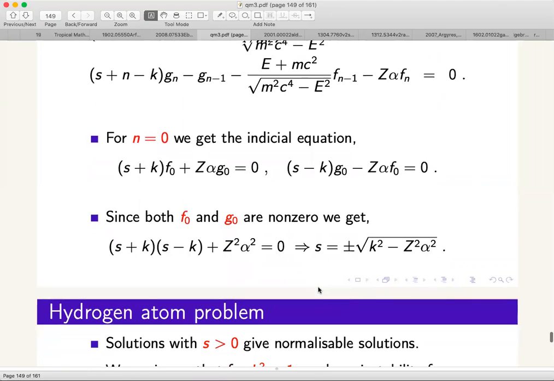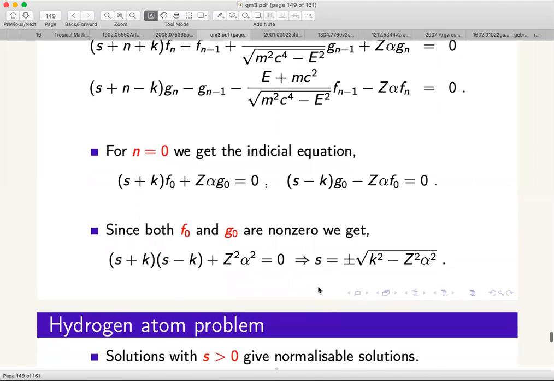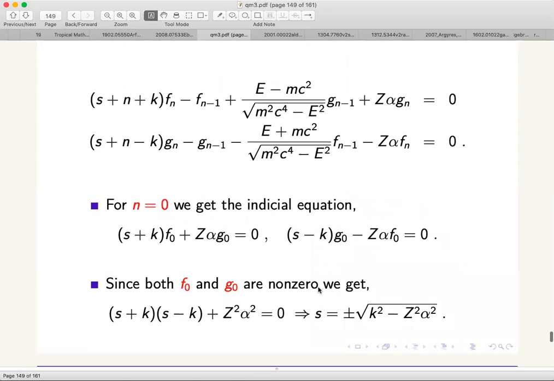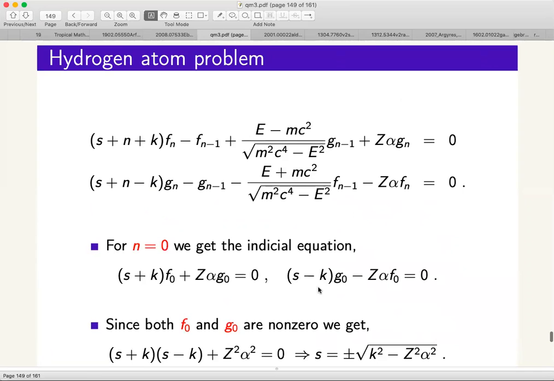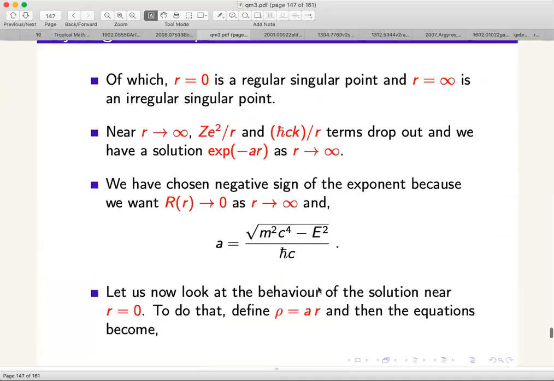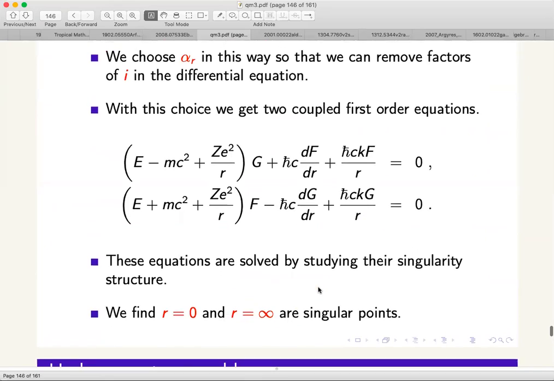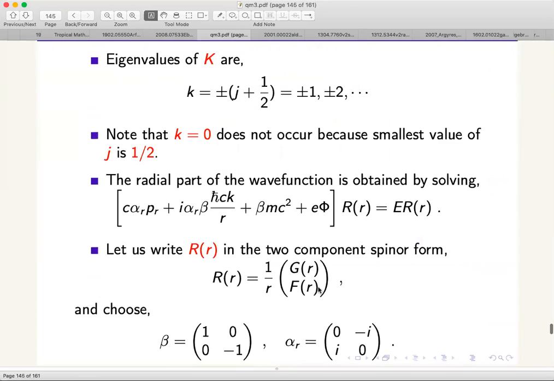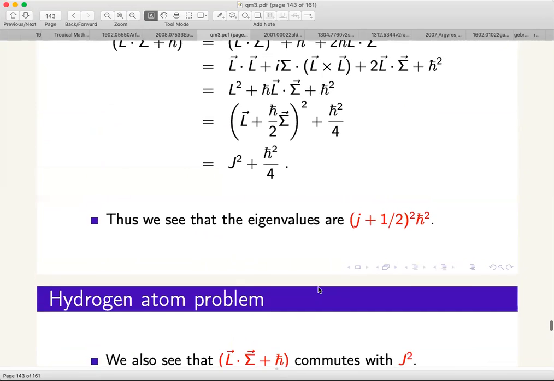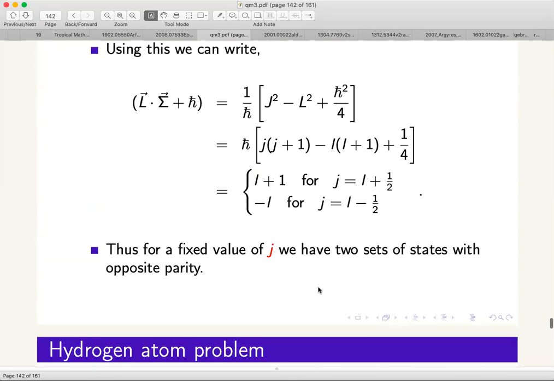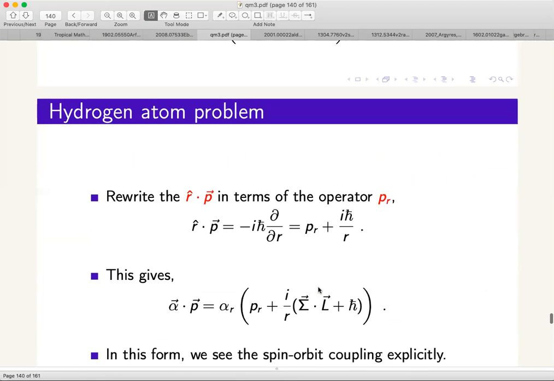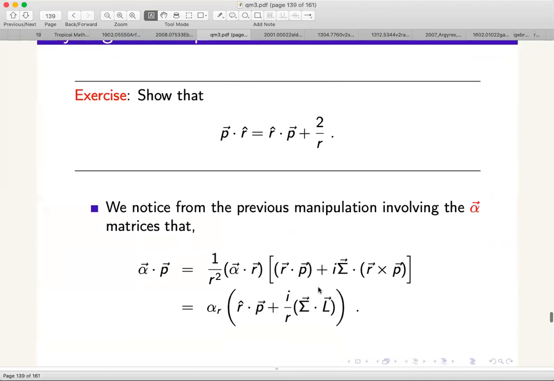What was alpha here? Oh, I didn't explain alpha. That's bad, I forgot. It is just the fine structure constant, e squared upon 4 pi. I should have introduced it at some point. I will define it again at some point.